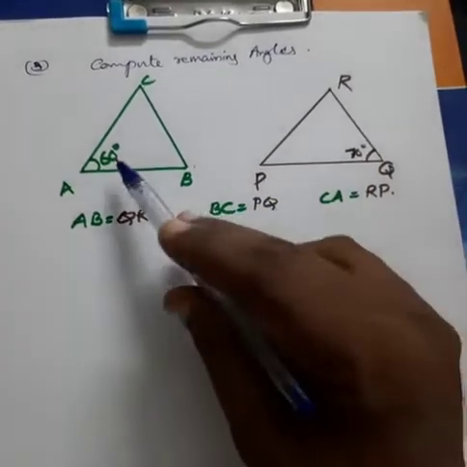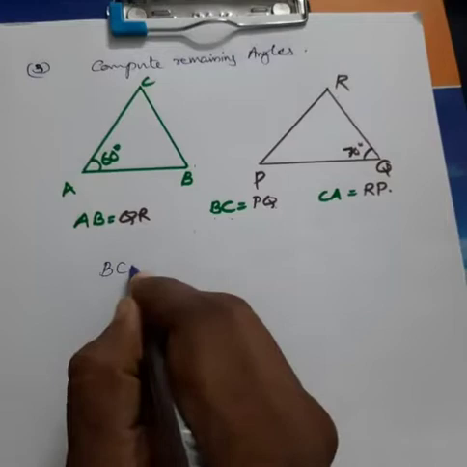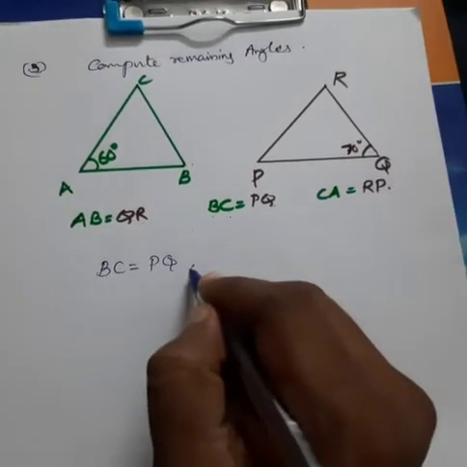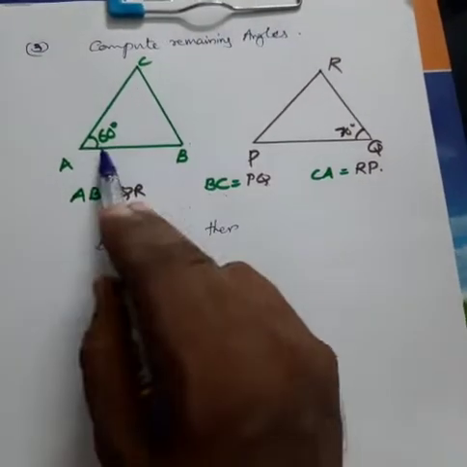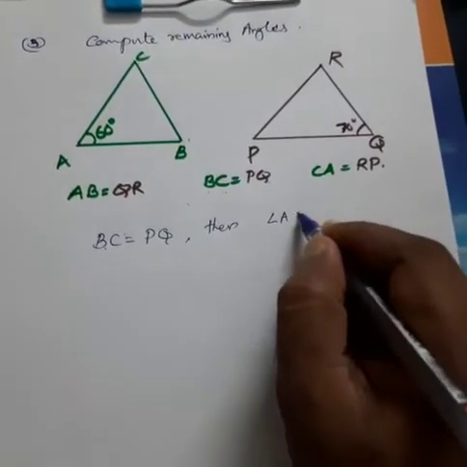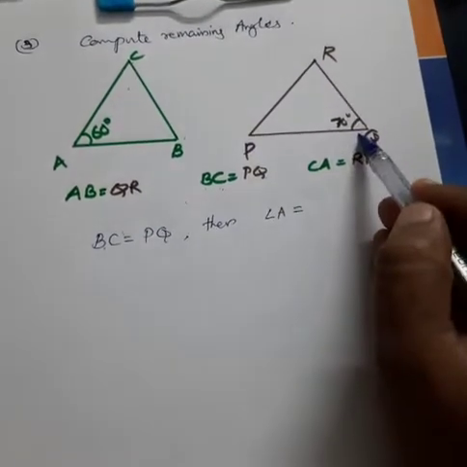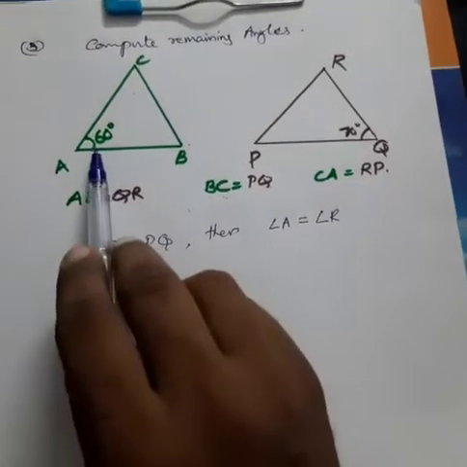So using this one we can write down, BC is equal to PQ, then the opposite of BC is angle A. Angle A is equal to the opposite of PQ, which is angle R. And what is the value of angle A?